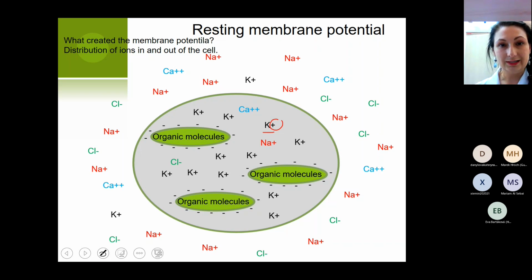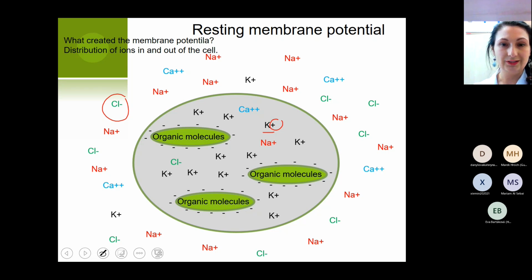And finally, the last player of this resting membrane potential picture is chlorine. Chlorine is an anion, so its charge is -1. Its concentration is higher outside the cell, in contrast to its concentration inside the cell. So the concentration gradient is pushing chlorine into the cell.